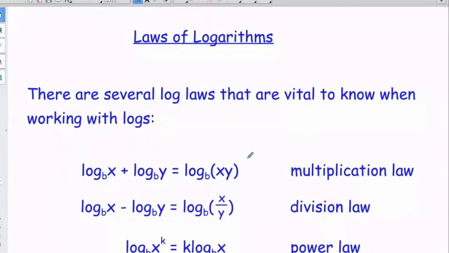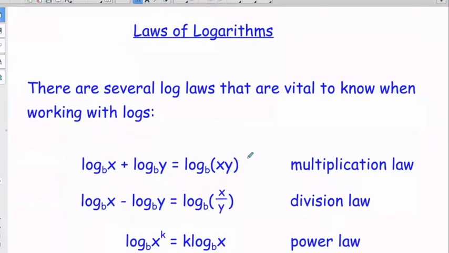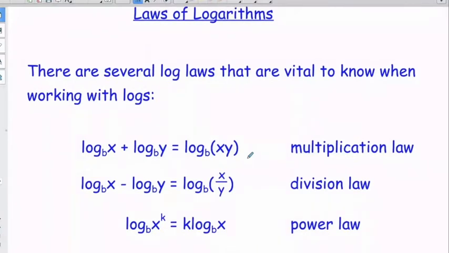So the next part, and this is again just as important as that first relationship that I've just introduced you to. There are 3 main laws to do with logarithms. Now, you don't have to learn the proofs of these. The textbook might go through the proofs of these, and if you're interested, have a look.